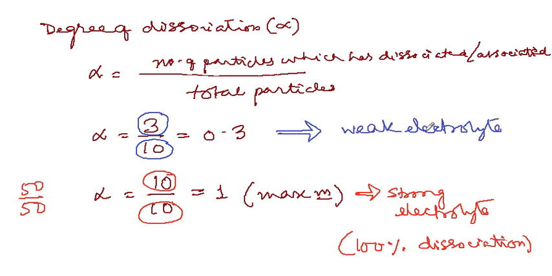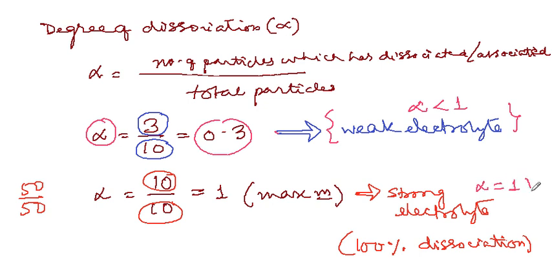The value of alpha is 0.3, which is less than 1. So for the weak electrolyte, the degree of dissociation would be less than 1. This character has to be remembered about alpha. In any exam, this is generally asked, and we need to take care of it. And for the strong electrolyte, the degree of dissociation, alpha, is equal to 1. It's a very important point.